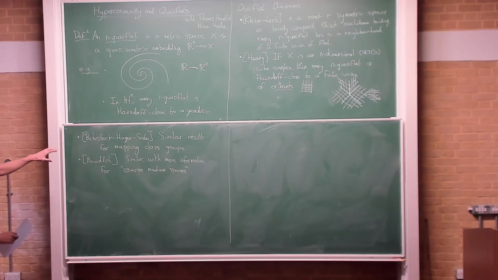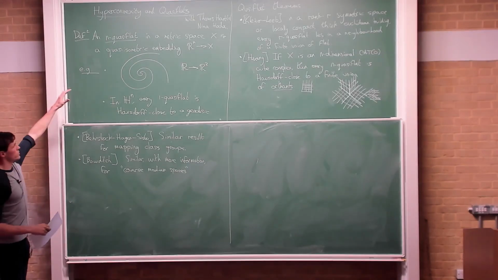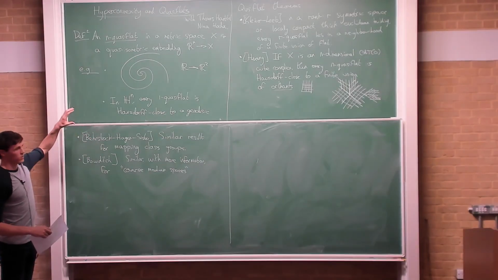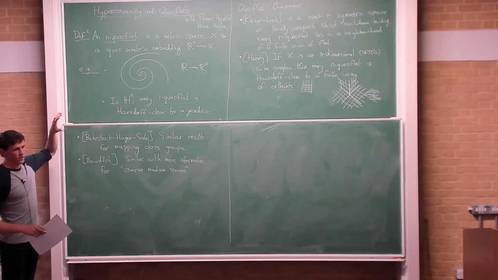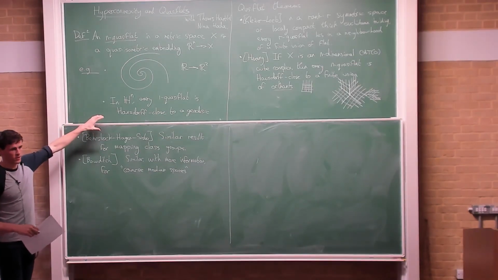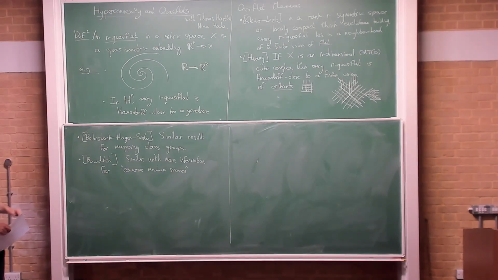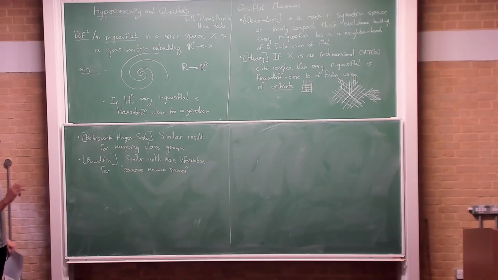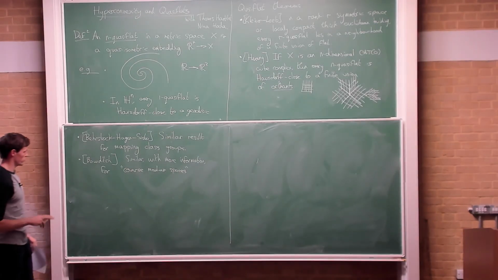Okay. Right, so that was a list of different places where you have these kinds of top dimensional quasi-flats rigid type results. Why would you want to prove such a thing? So let me give you two reasons, and you can choose which one you think is more compelling.